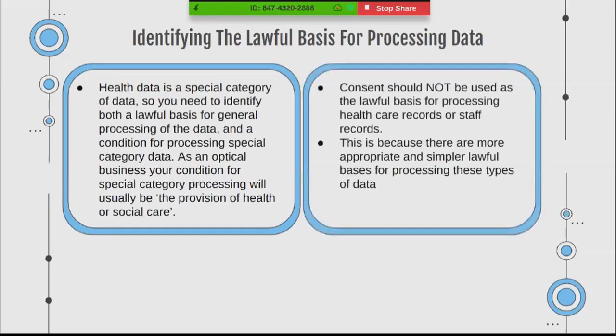Now, when it comes to the special data, consent should not be used as the lawful basis for processing healthcare records or staff records. And this is because there are more appropriate and simpler lawful bases for processing these types of data. So someone comes to us for an eye examination, we don't need consent to then process special data because they've come to us with the intention of having a healthcare investigation or a healthcare appointment.